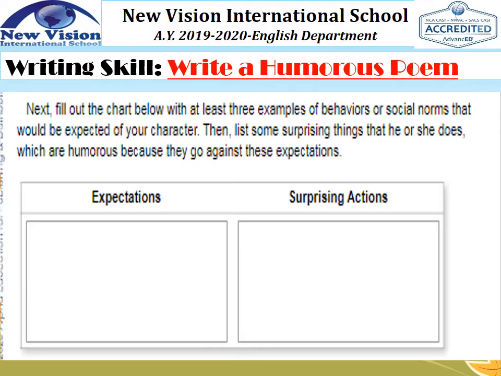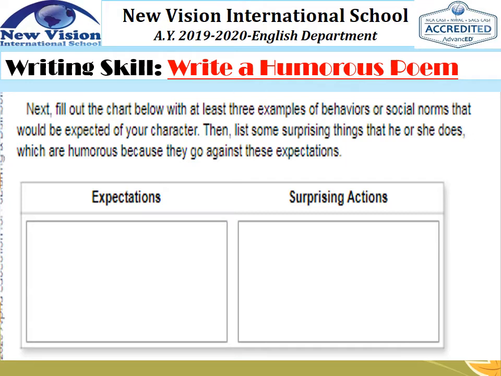The next, fill in this chart. Fill out the chart below with at least 3 examples of behaviors or social norms that would be expected of your character. Then, list some surprising things that he or she does which are humorous because they go against these expectations. For short, write 3 expectations here on the first box for your character.